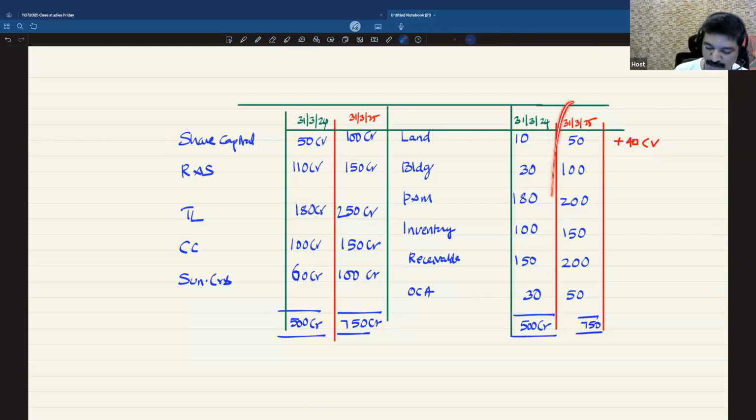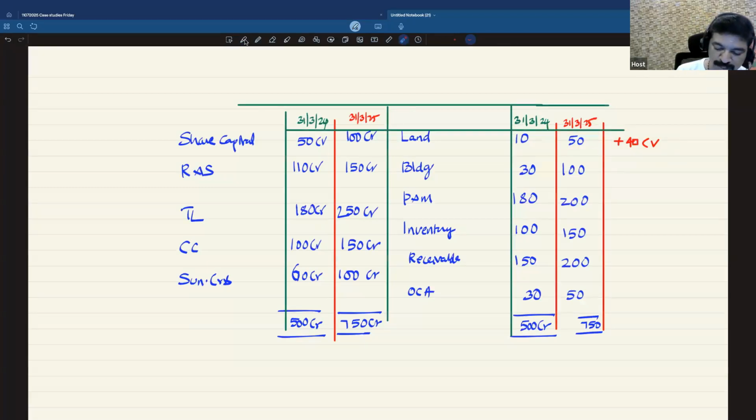If you just look at the 31st March balance sheet, you believe that they have 50 crore worth of asset and you never know when they purchased it. But now because of this comparison, you get to know that this 40 crore got added only in the current year. It was not there for a very long time. That is useful information for you.